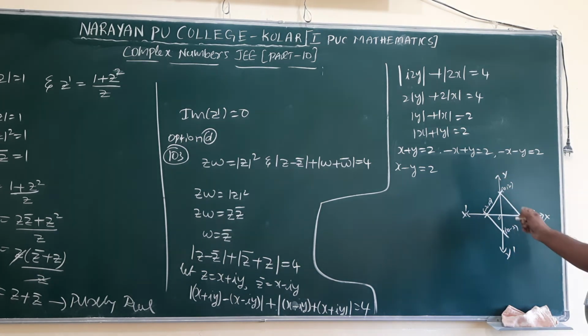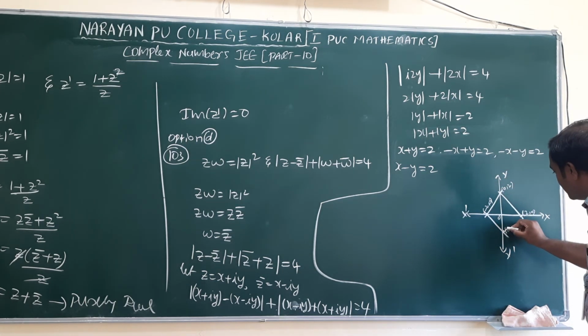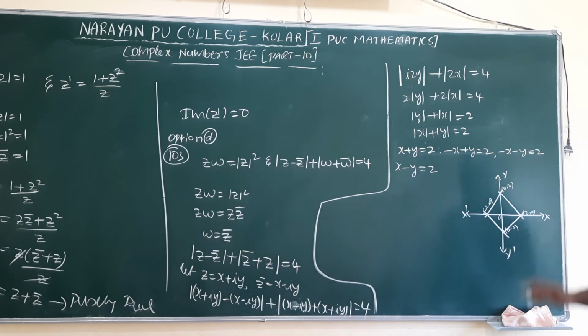Fourth quadrant, positive x and negative y, joining to (2, 0).